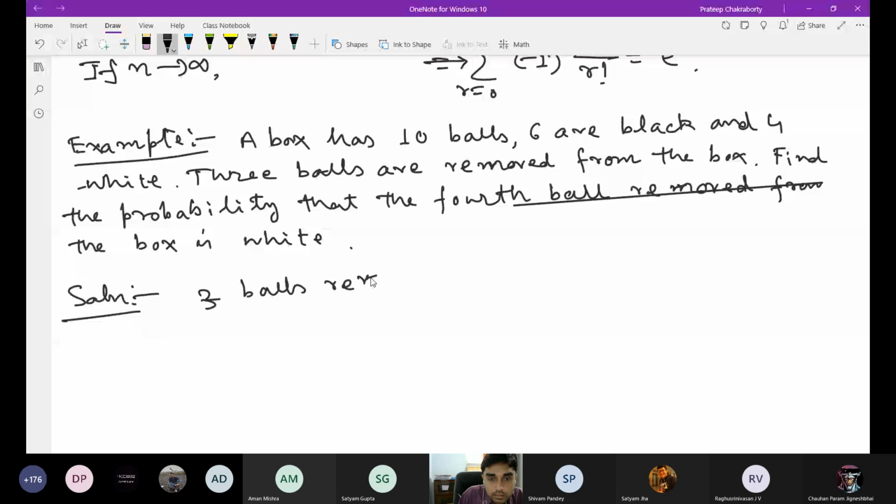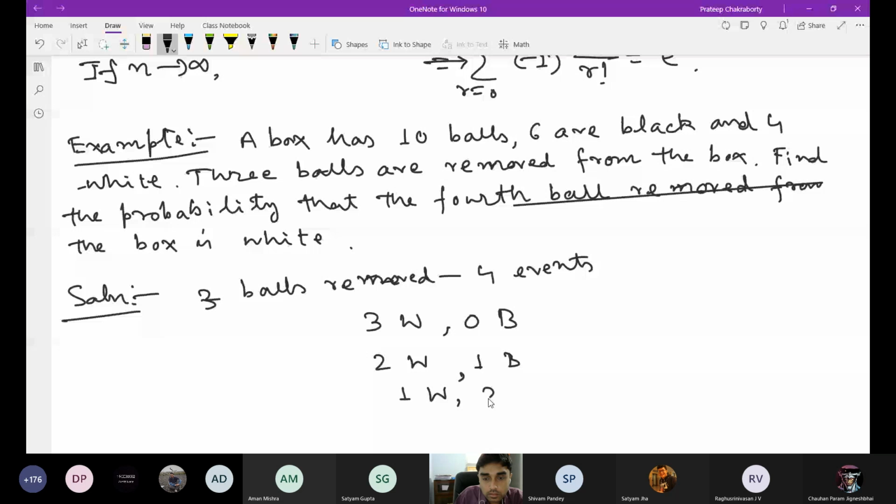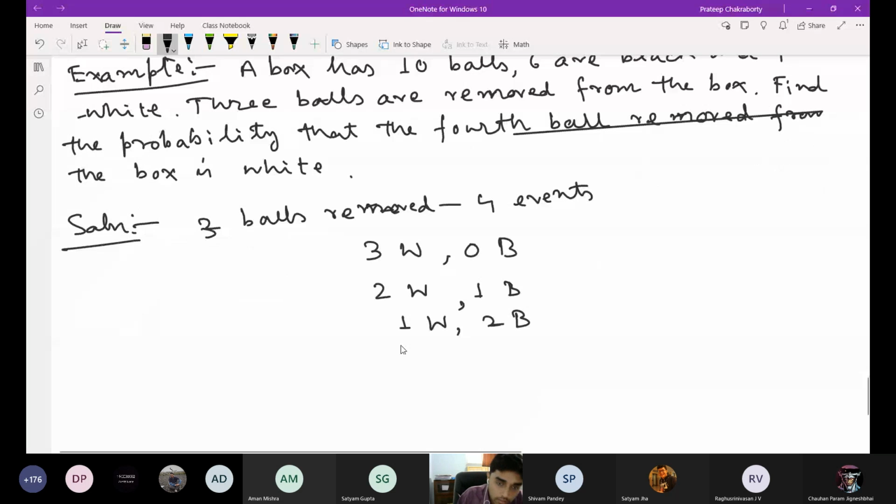So there are, okay, 4 events. So 3 white balls and 0 black balls, 2 white balls and 1 black ball, 1 white ball and 2 black balls, and, I should have done it the other way because that is how I have written it, 0 white balls and 3 black balls.